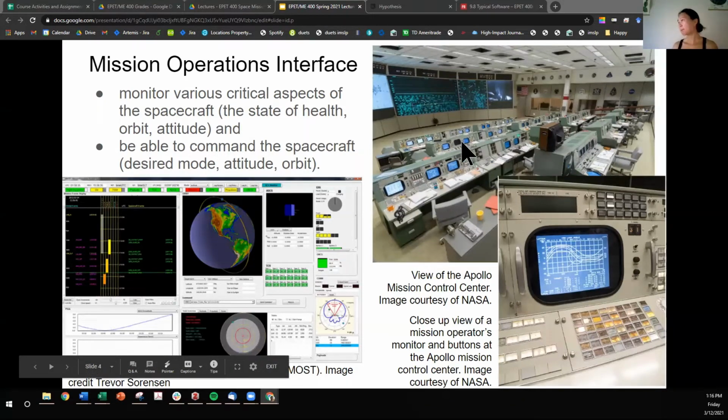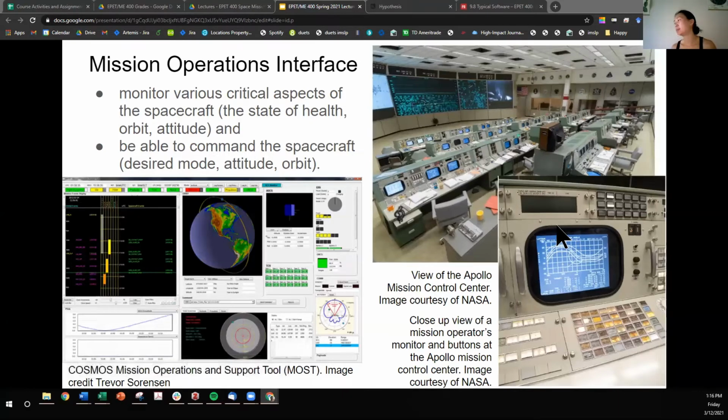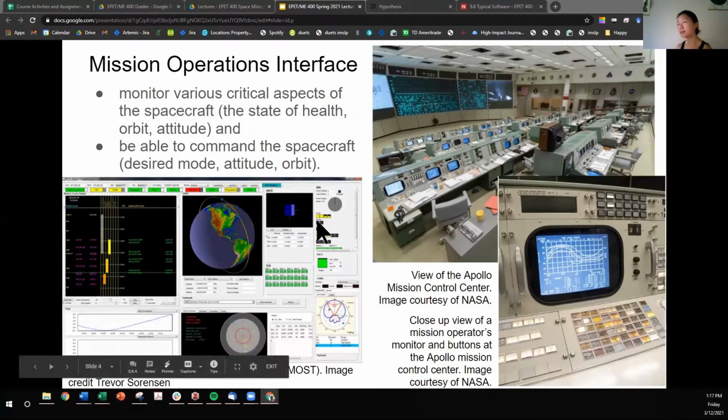On the right, this was during the Apollo era, so one difference you can see immediately is the technology of the monitors, but you'll also see there are a ton of screens, and you can imply there are a ton of mission operators. So each mission operator is responsible for a subsystem or a component or monitoring a specific thing. Whereas on the left, you can have this architecture of one mission operator monitoring all things at once.